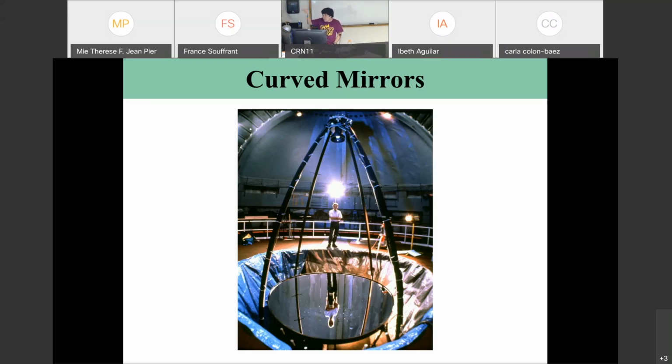So our best telescopes, for example, images that are very clear of galaxies or galaxy clusters, normally are taken with the Hubble Space Telescope, because the Hubble is orbiting the Earth.